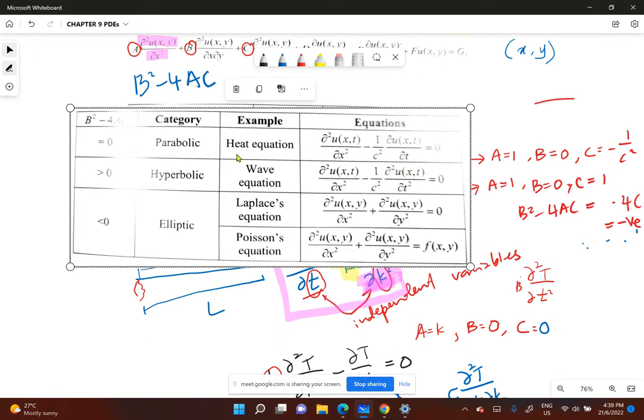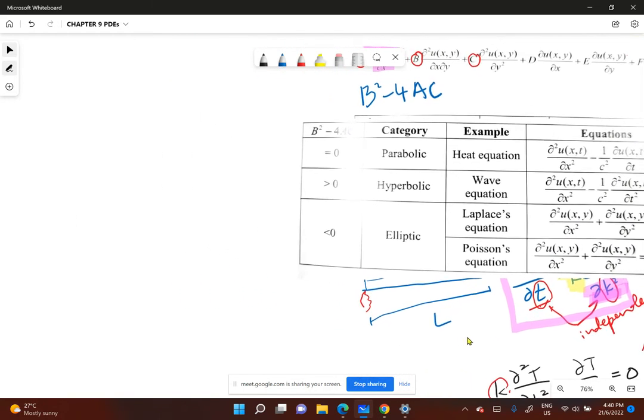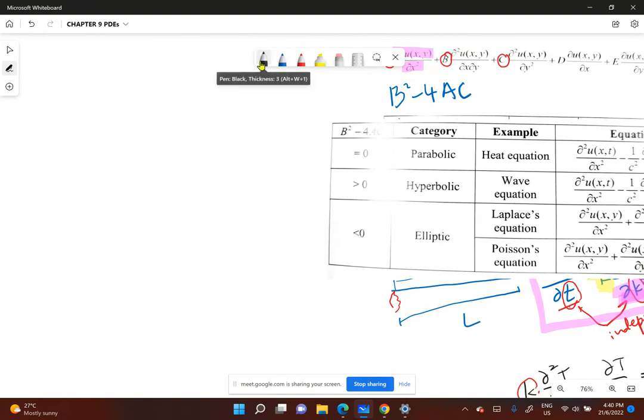Okay. Kalau tengok sini, here you look at here. The parabolic heat equation ni kan, it is respect to x and respect to t. Hyperbolic is respect to x, respect to t. That means independent variables. For the elliptic, the independent variables are x and y. So when we want to solve the PDE, that means we want to find the value in 2D dimension.